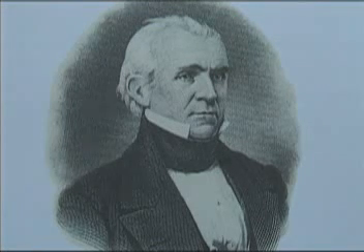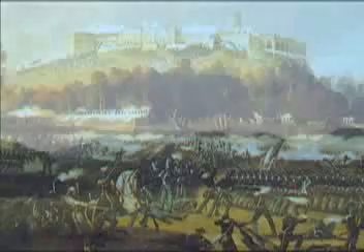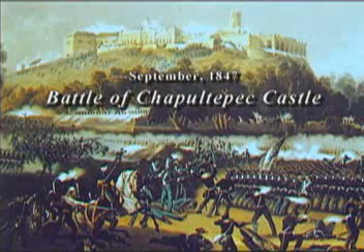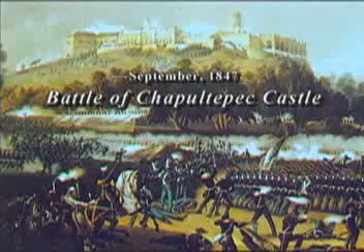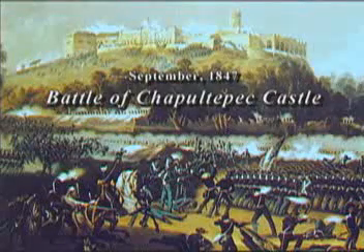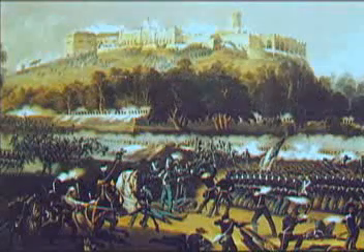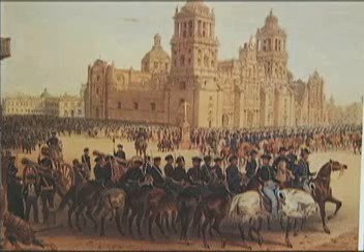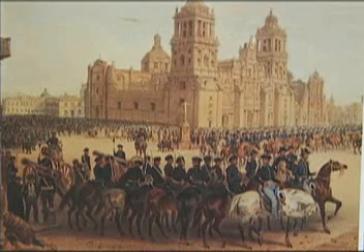So U.S. forces had to continue along the road to the capital. And in September of 1847, 30,000 U.S. and Mexican troops battled fiercely for control of the city. The United States won the battle, and that gave the victorious General Scott an opportunity to parade his troops around Mexico's great national cathedral in the very heart of the capital city.